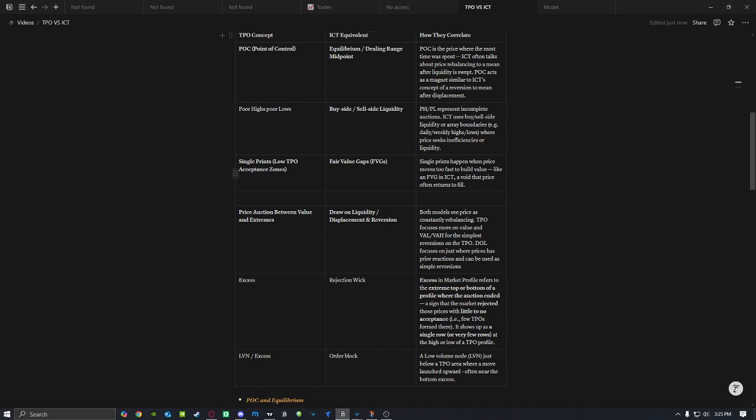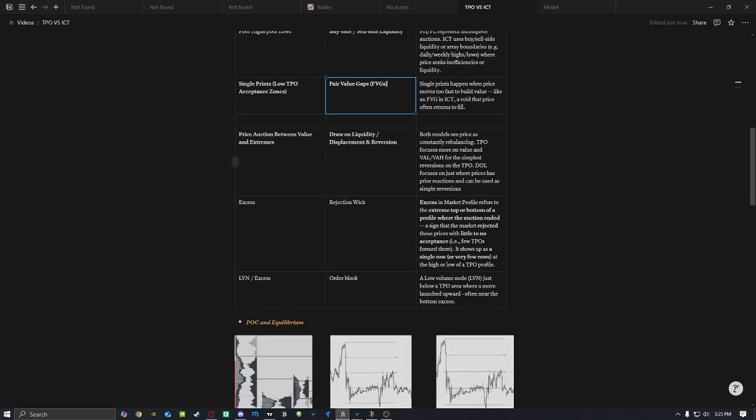Also with fair value gaps, I didn't add a picture in there, but they often are low volume nodes, which technically is a single print. 15-minute and above are likely to be low volume nodes. And the reason why CE works is because they actually line up perfectly with a low volume node, which is kind of weird, but it does.